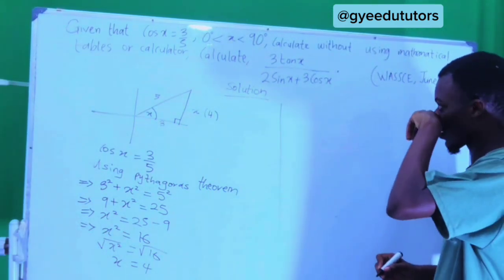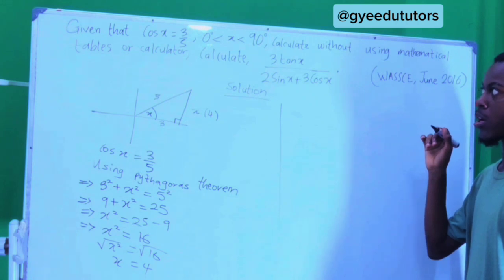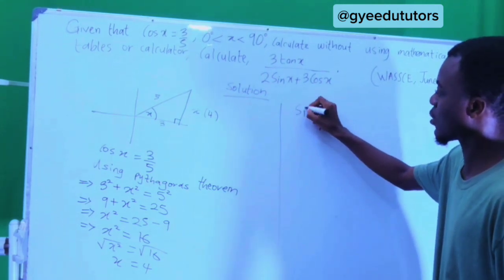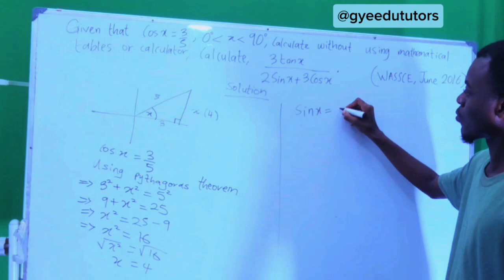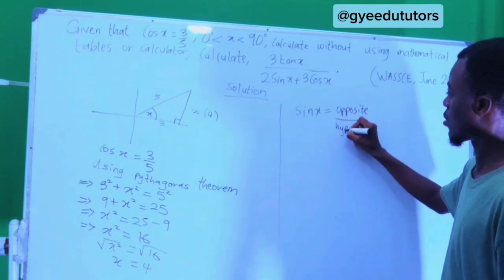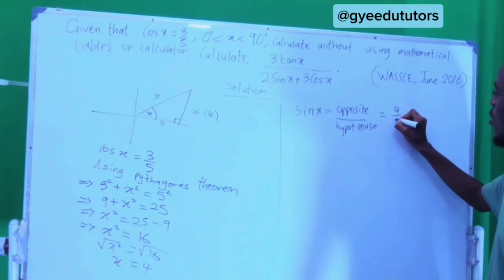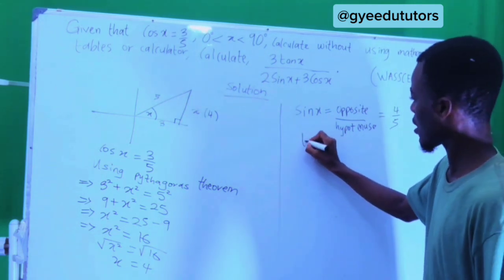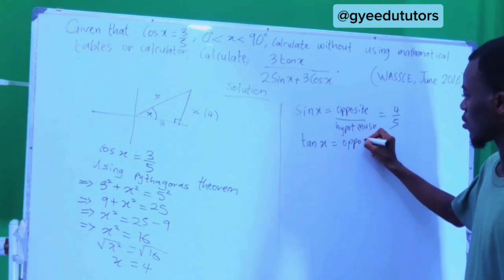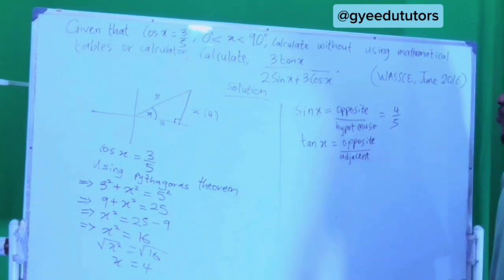Now, using SOHCAHTOA, cos x is adjacent over hypotenuse, and sin x is opposite over hypotenuse, which is equal to 4/5. And tan x is equal to opposite over adjacent.